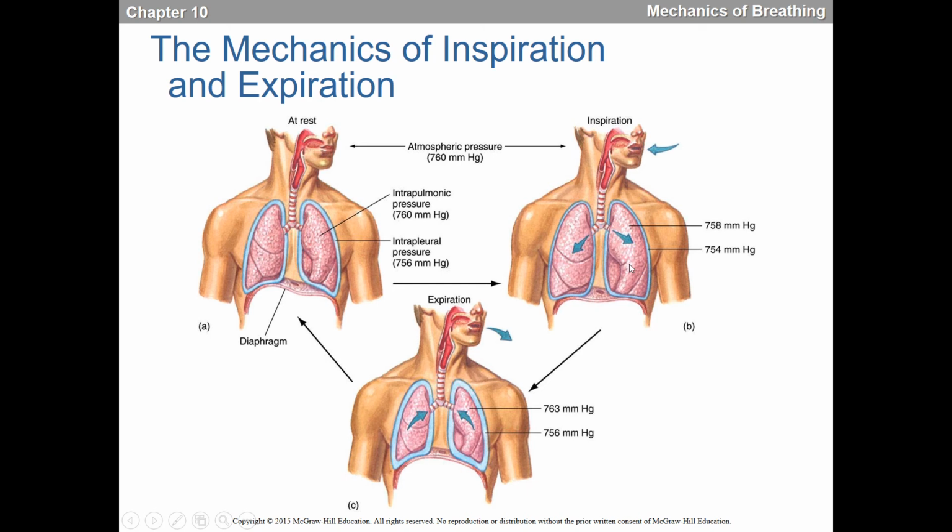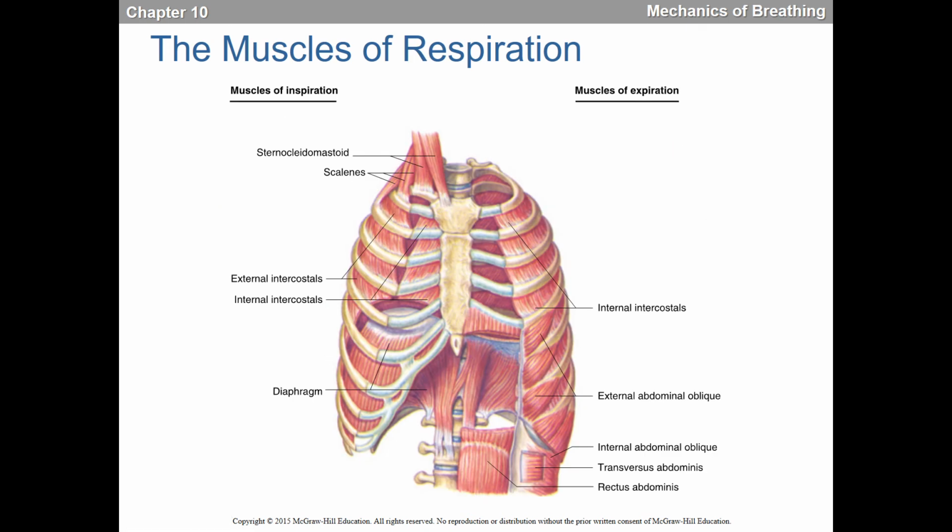Essentially how we do that is by increasing the volume, expanding our lungs. And then air will go in, and see 754, 758, it's less than what's outside. And then whenever we expire, our chest will fall, and then the air will go out of your face, right? So that's effectively how that's happening.